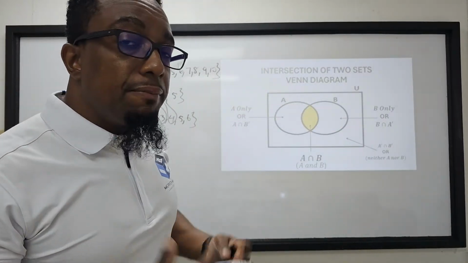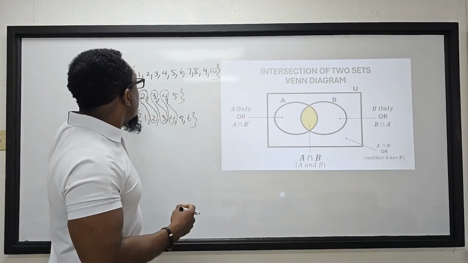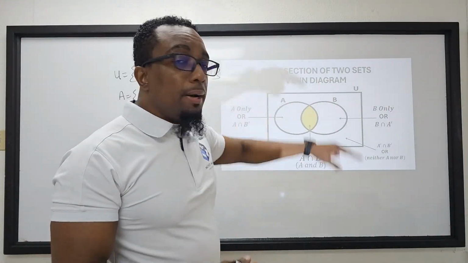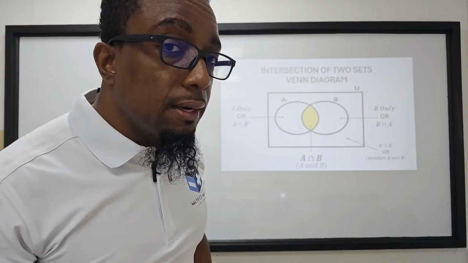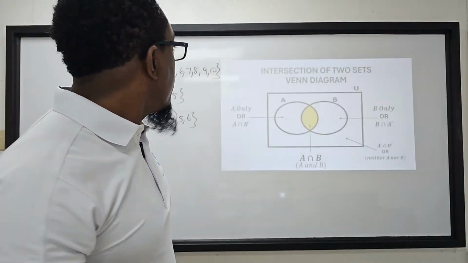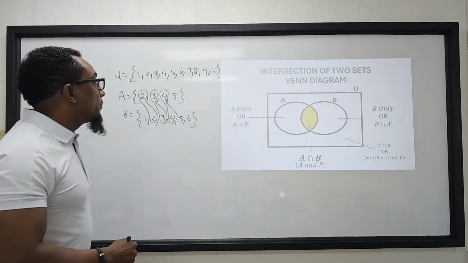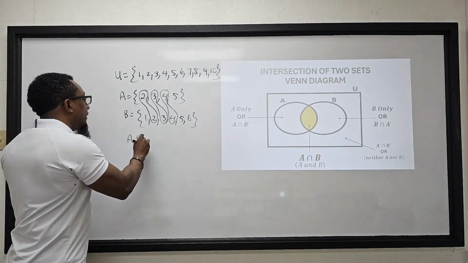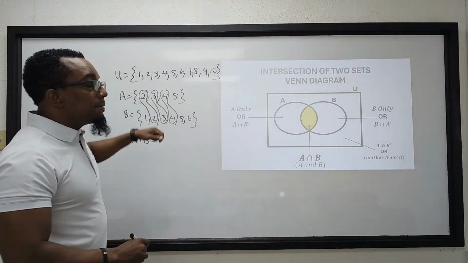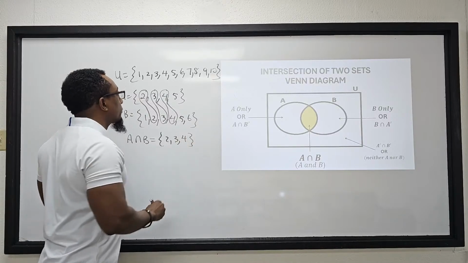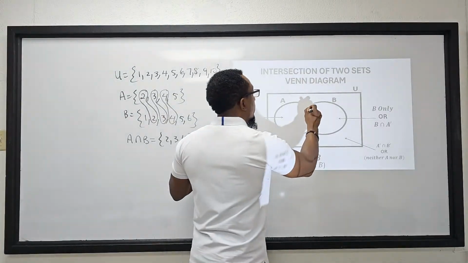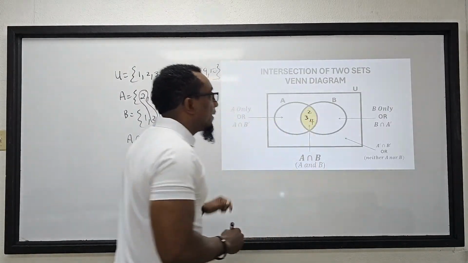And of course, remember it's a Venn diagram, so all the elements of the universal set must be placed within that Venn diagram, but the elements are going to be strategically placed. So in my intersection, A intersect B, my common elements will be 2, 3, and 4. And I will place 2, 3, and 4 in that region.